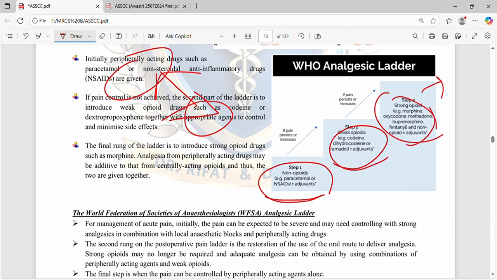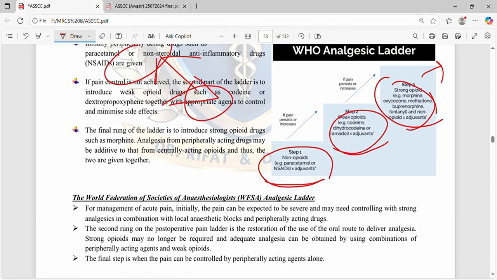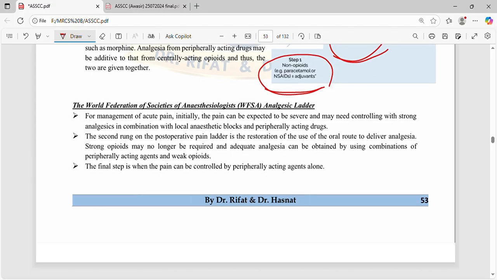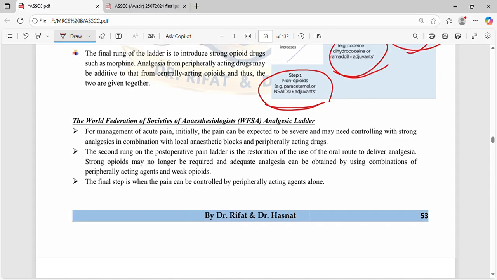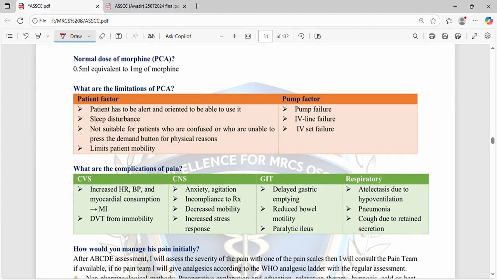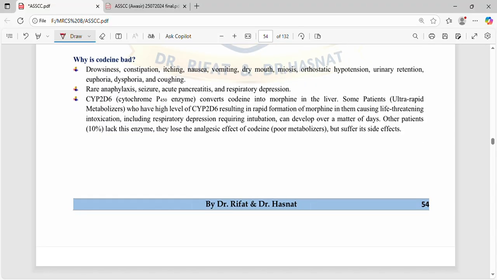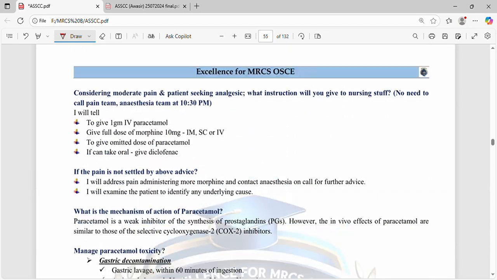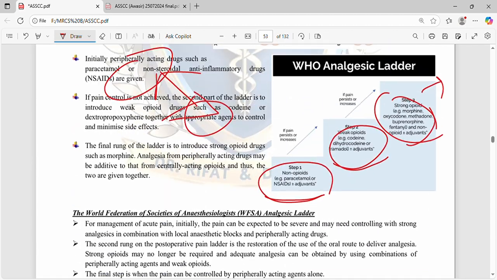And then we have the blocks, local anesthesia and the blocks. The World Federation of Societies of Anaesthesiologists analgesic ladder. So one is the WHO ladder, and this is the anesthesiologist ladder. Okay, I think we need the video as well.